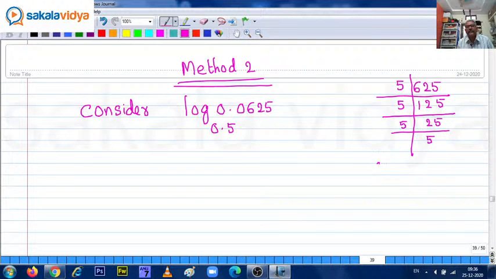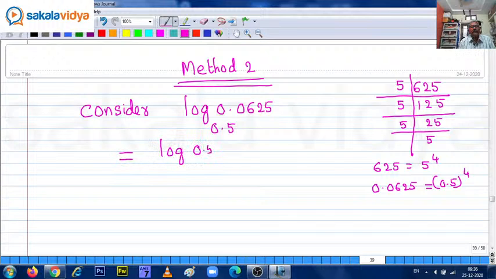So since 625 equals 5 raised to 4, the 0.0625 becomes 0.5 all to the power of 4. You remember this technique. So now instead of 0.0625, write down 0.5 all to the power of 4. This we can write as log 0.5 all to the power of 4 base 0.5.